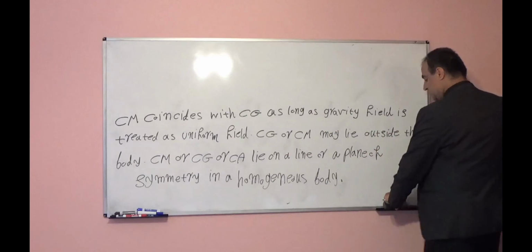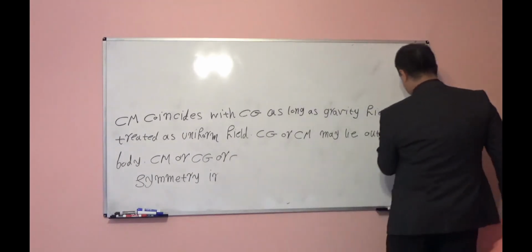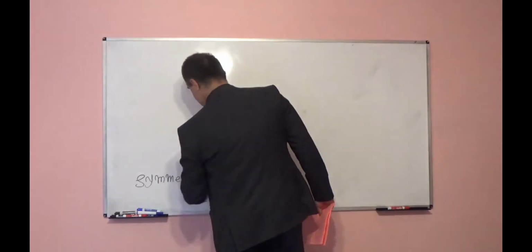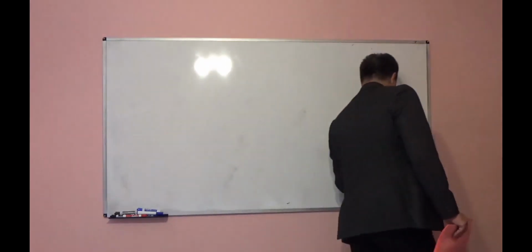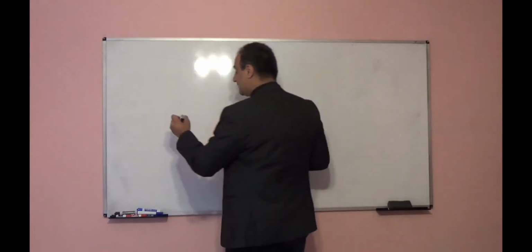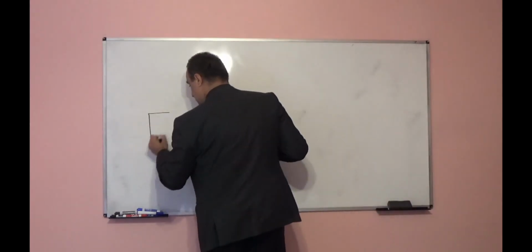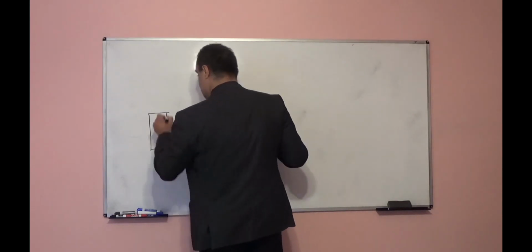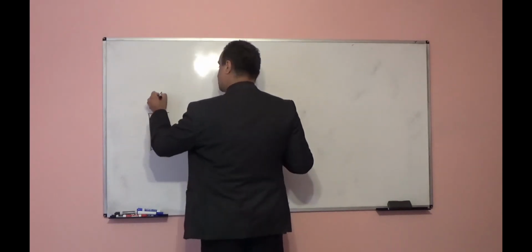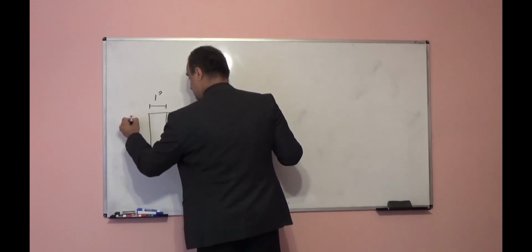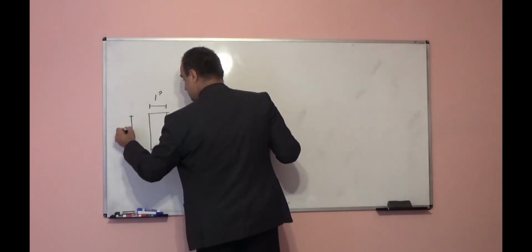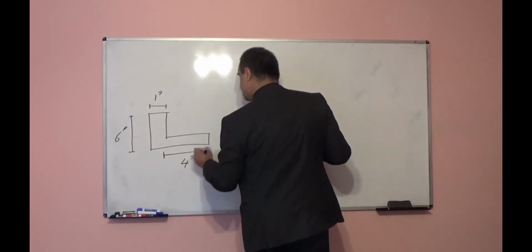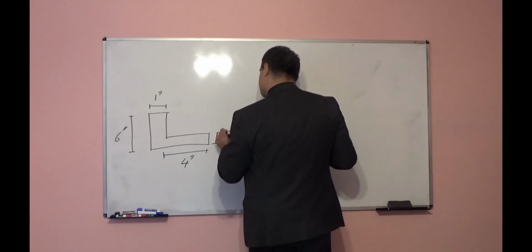Let's look at two examples. Assume we have one object or body. The shape is like this, an L shape. This is 1 inch. The height is 6 inch. From here to here it is 4 inch. This thickness again is 1 inch.